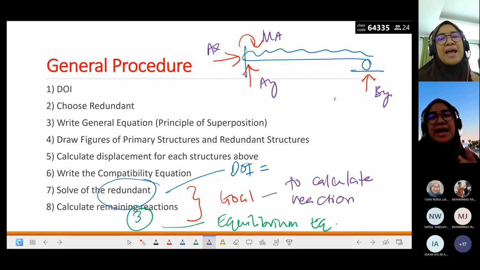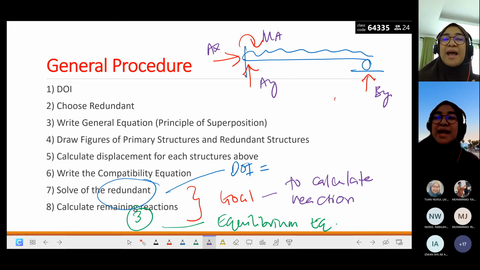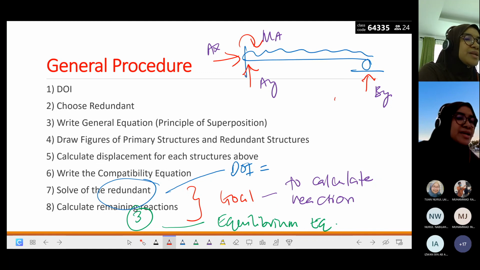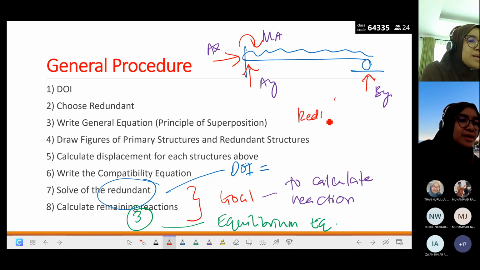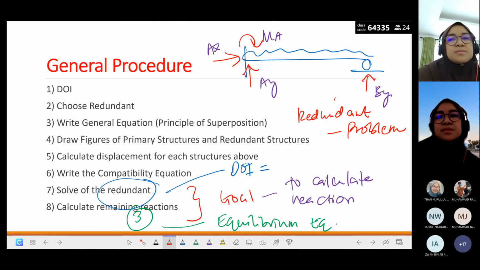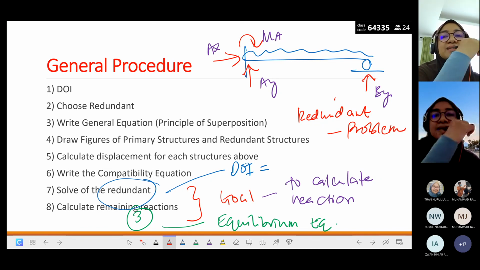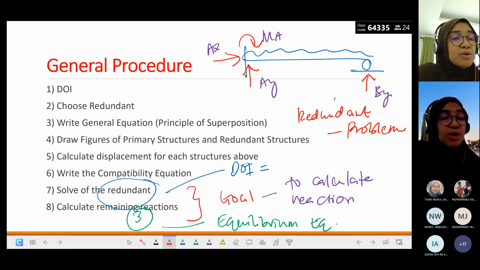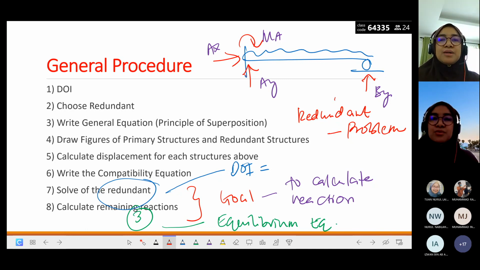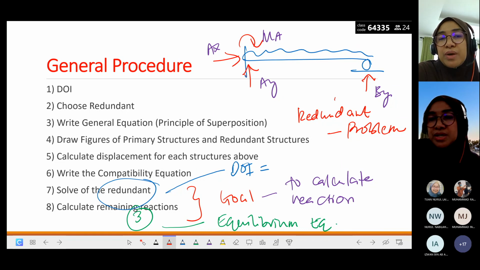Another one is called the redundant. Here the redundant is actually the problem. Why do I say that the redundant is the problem? Because if we know the redundant, we can solve the remaining 3 reactions using equilibrium equation.